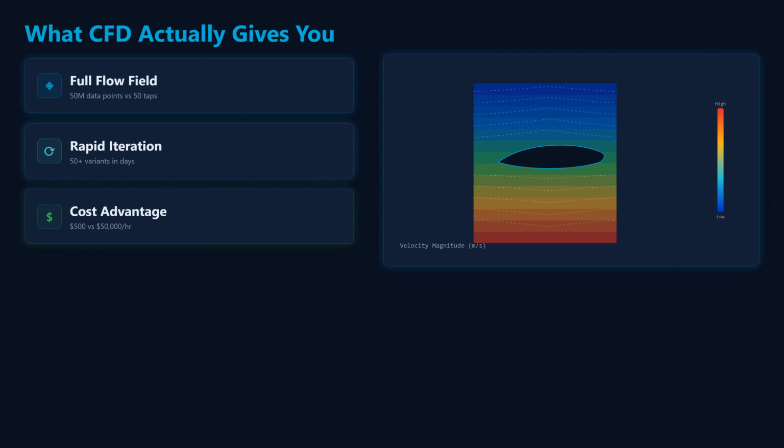In a wind tunnel, it means fabricating a new model at $50 to $500,000. Weeks of lead time. CFD lets you sweep 50 design variants in the time it takes to schedule one tunnel entry. And cost. Tunnel time is $10 to $50,000 per hour. A comparable CFD run on cloud compute costs a few hundred. Later, I'll show you why these advantages don't tell the whole story.